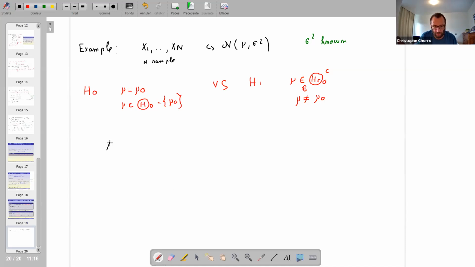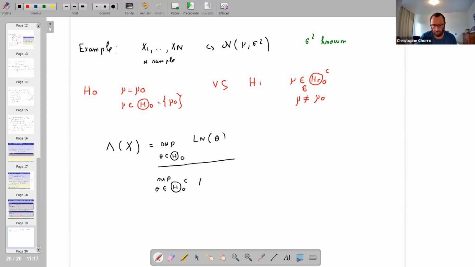So I compute my statistic here. I remind you that it is the supremum for theta belonging to Theta 0 complementary of the log likelihood.